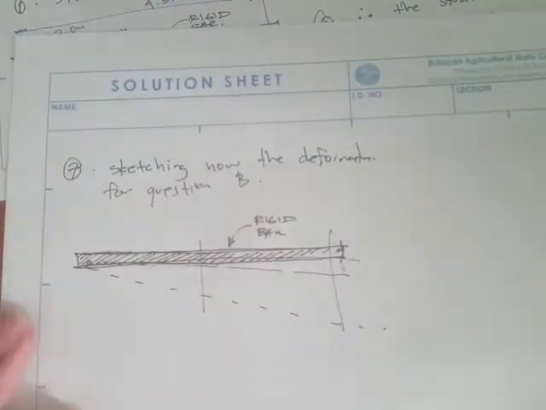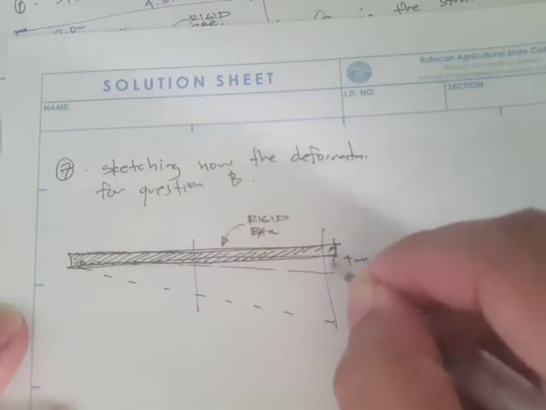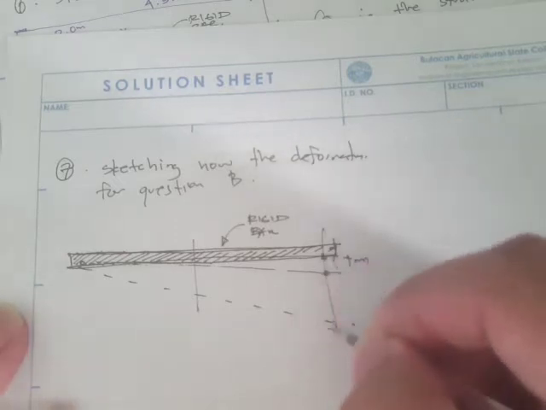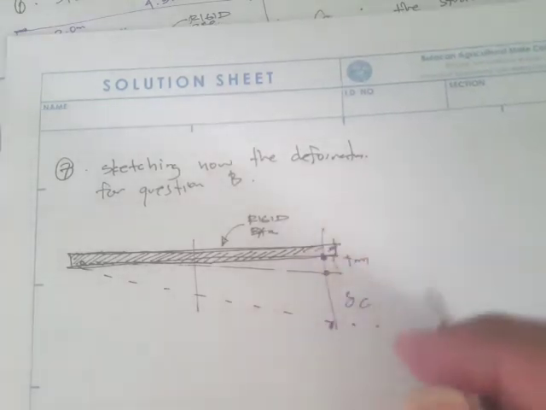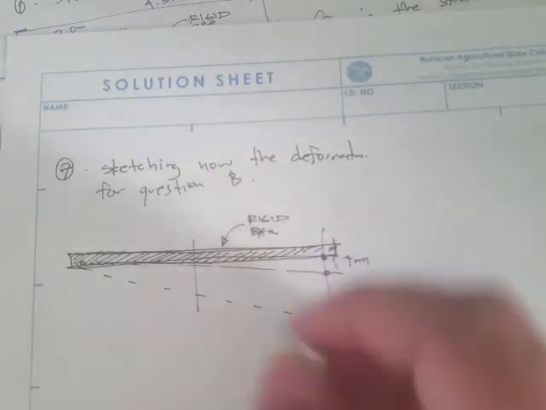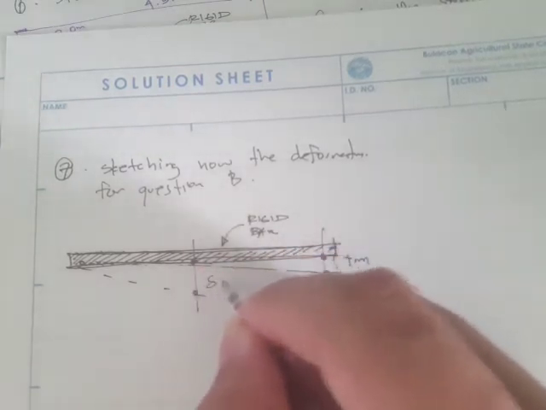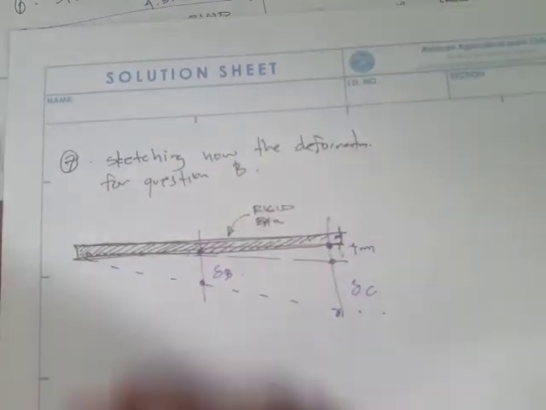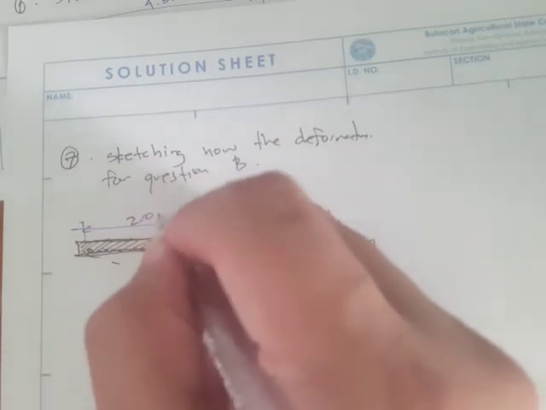So this one is 1 mm. From this initial point to that, that's 1 mm, and this one will be the deflection at C. Right here, this is the deflection at B. If we have this dimension, this is 2.0 meters, then this one is 4.5.